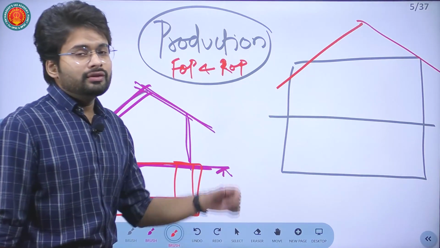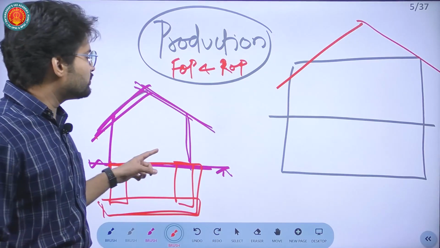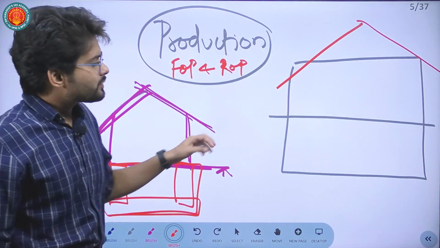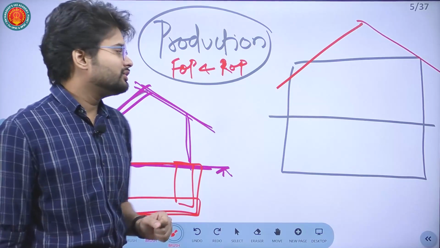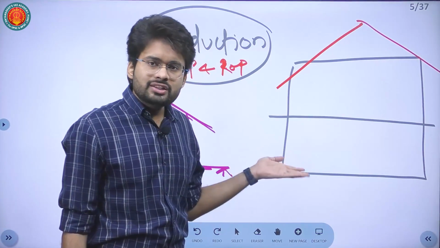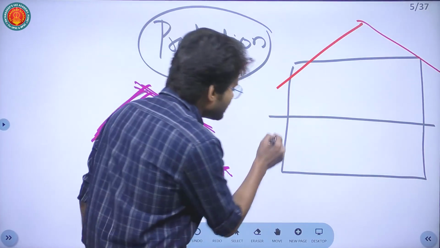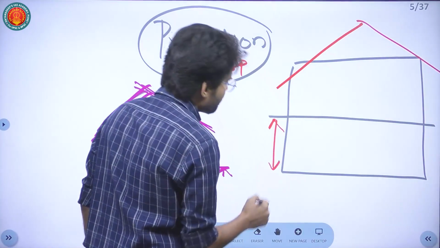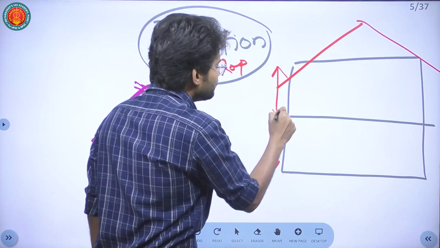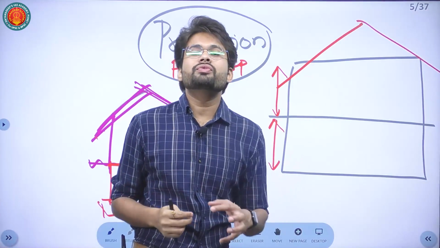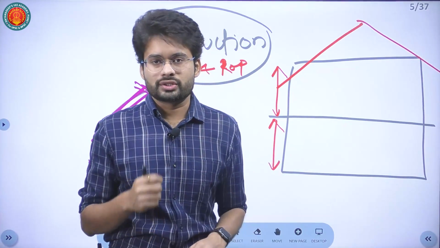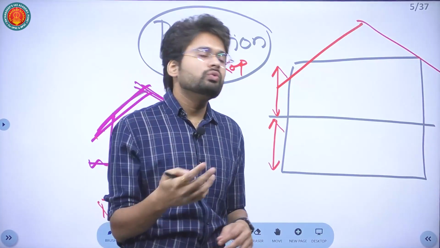According to Marx, the same society, just like the constructed house, has two important structures called infrastructure and superstructure. According to Marx, this is infrastructure, and the structures which are visible are superstructures. We'll discuss what they are.